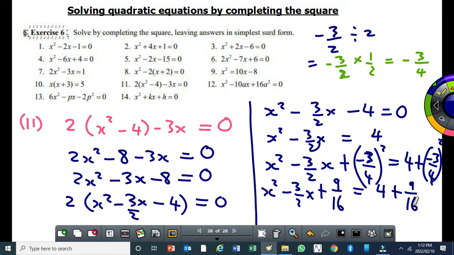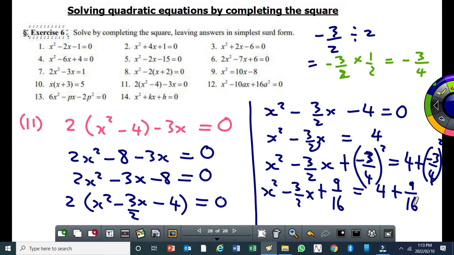Okay? I hope you are following. So if you are completing the square, make the coefficient of the x squared term equal to 1, then find half of the coefficient of x. Add the square of that half of the coefficient of x on both sides of the equation. That's what I know. Right?